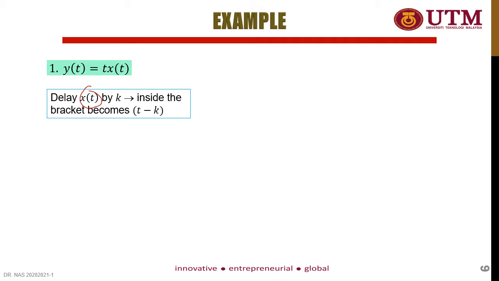So y(t) delayed by k. There are no changes on t because t is outside the bracket and it does not belong to the input signal. Only x inside the bracket, the input signal, is delayed by k. So this is the first equation.